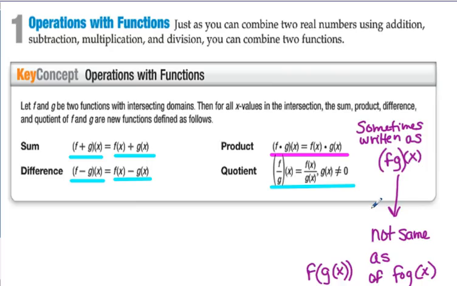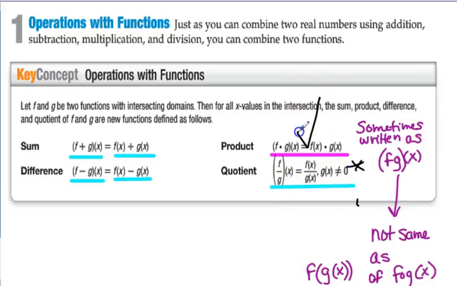All right, the notation. This notation just means to add two functions together. This notation means to subtract them, distributing the negative through the second one. This means to divide, put f over g, and that's when you might have an extra restriction, because the denominator can't equal 0.